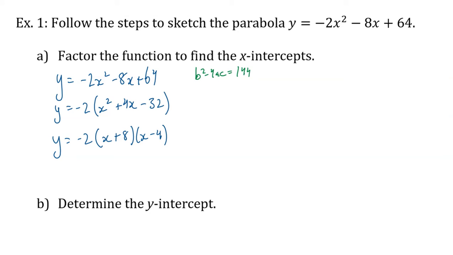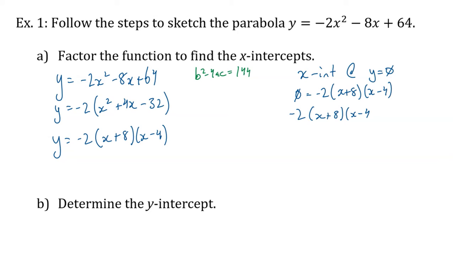Okay, now that we've got it factored, we're going to find the x-intercepts. X-intercepts occur when y equals 0. So if I sub 0 in for y, you might write it that way because that's the way we often see it, with 0 on the right side.